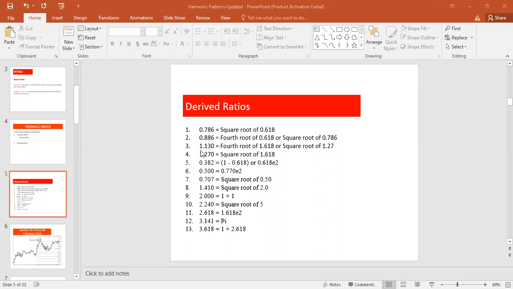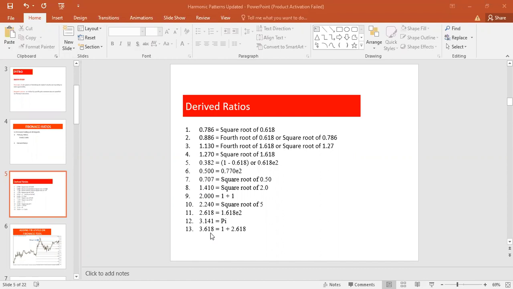We have the 1.130, which is called the 1.13, and then 1.27, and then of course I've mentioned 38.2, then 50.0, 70.7, 141.0, 2.0, 2.24, 2.618, 3.142, 3.618. All these are derived ratios. How were they derived? You have it to your right for those who are interested in how these values were derived. So they were not just dropped from heaven.